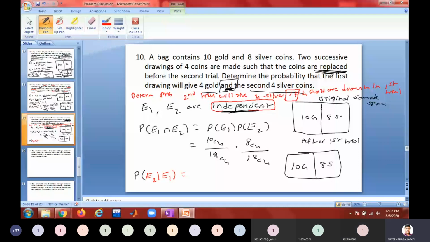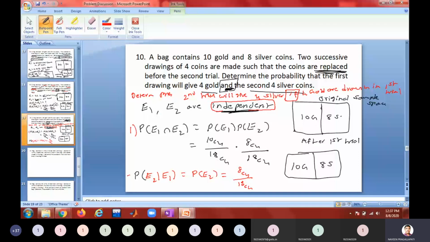Do you agree? So what is the probability of finding E2? It is simply 8C4 by 18C4. So this is the joint probability, and this is the conditional probability.